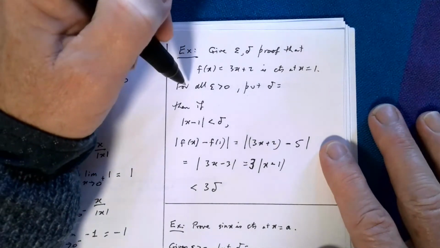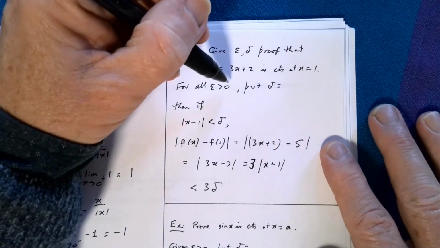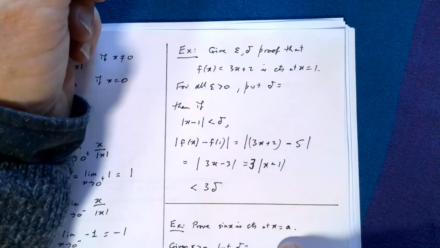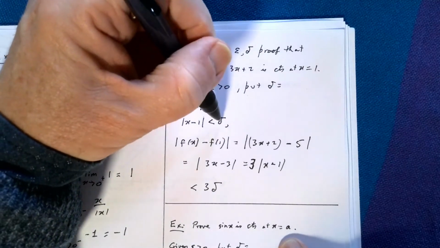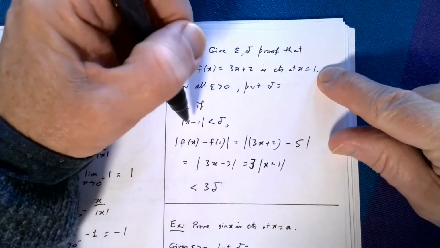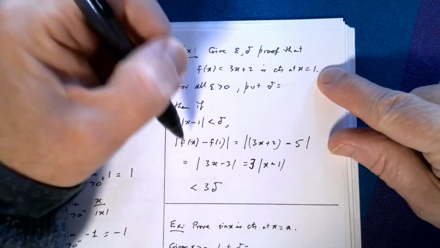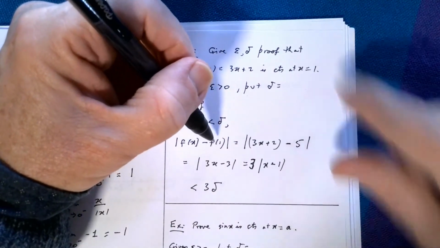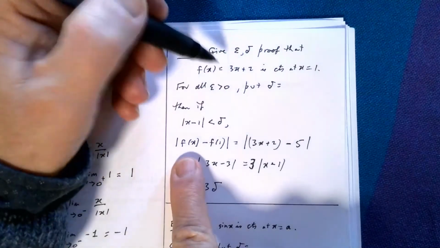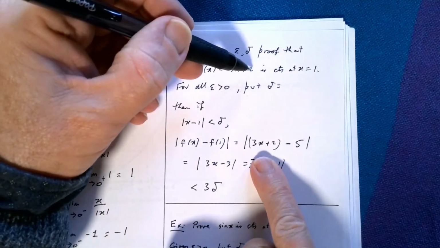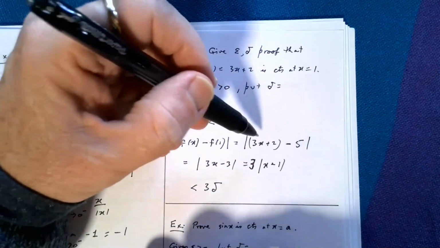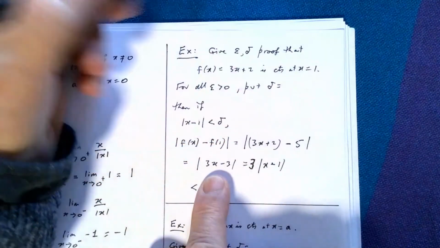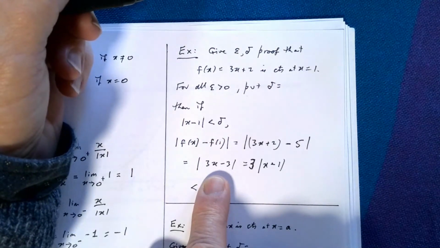So we do the usual thing: for all epsilon bigger than naught, put delta equal to, I don't know yet, we leave a gap. Then if |x minus 1| is less than delta, because we're looking at the point 1, then we want |f of x minus f of 1|. So f of x is 3x plus 2, f of 1 is 5, so 3x plus 2 minus 5 is 3x minus 3.